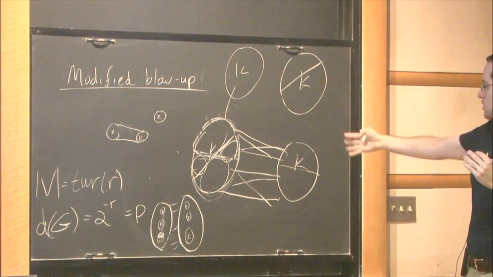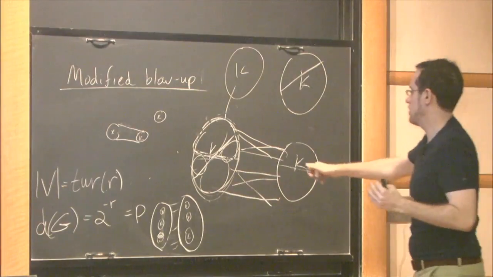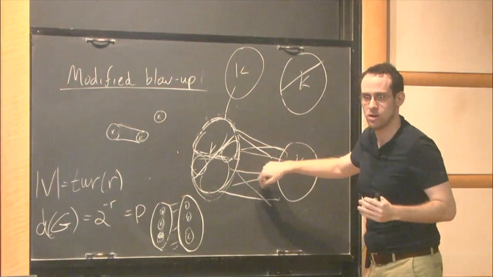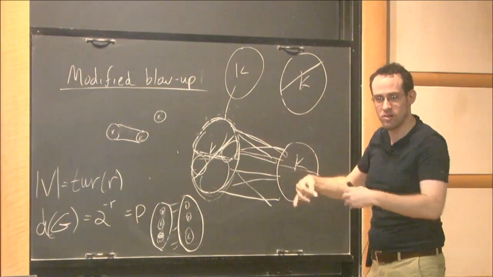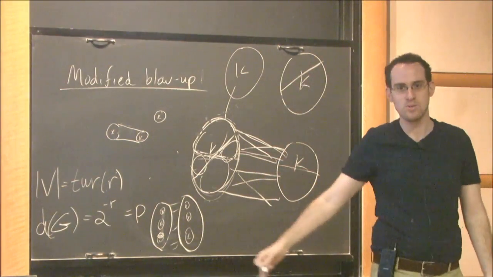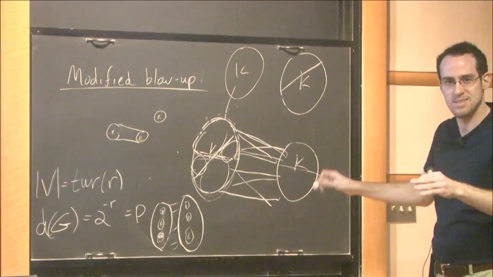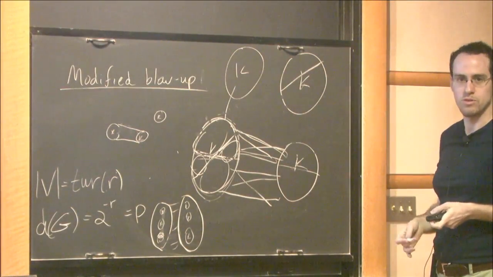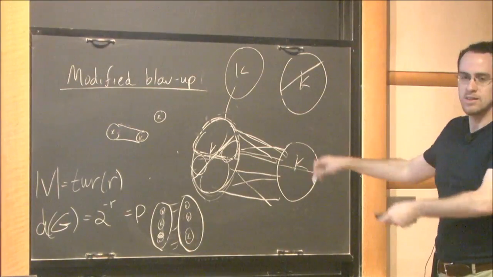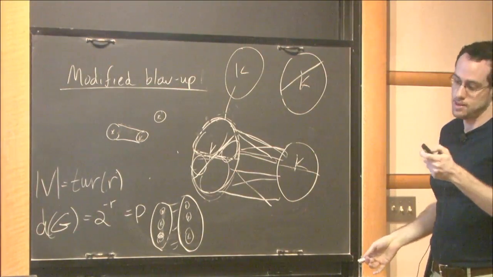But all of these arguments, when I said you have density 1 and you have density 0, this is not going to be density 1 forever, because in the subsequent iterations, this is going to decrease. The densities are going to change. Who knows what happens when you apply the modified blowup multiple times? So everything that I said here was basically cheating.